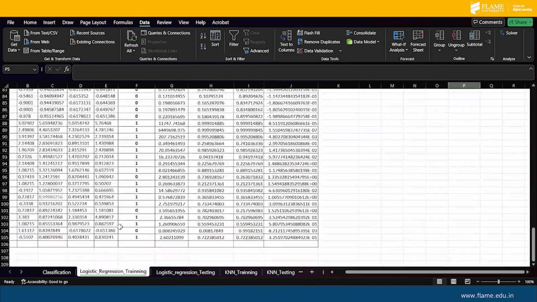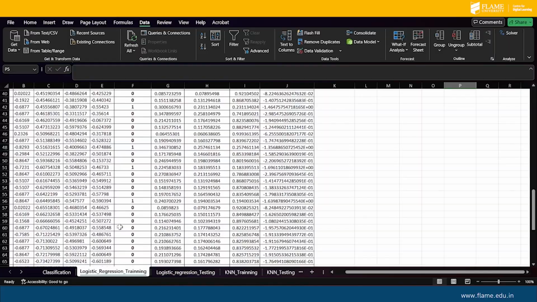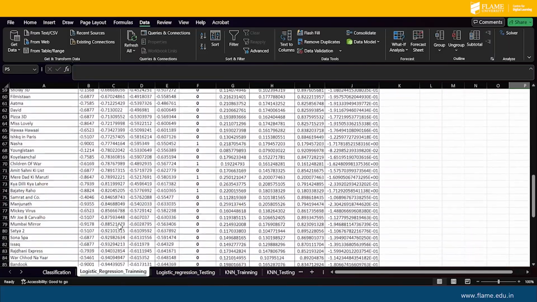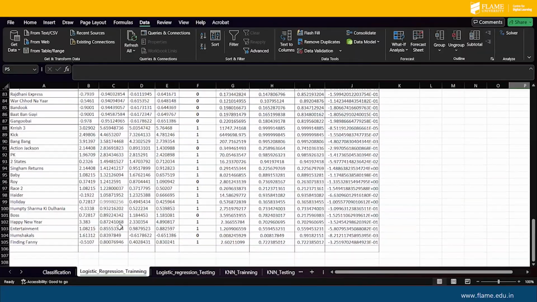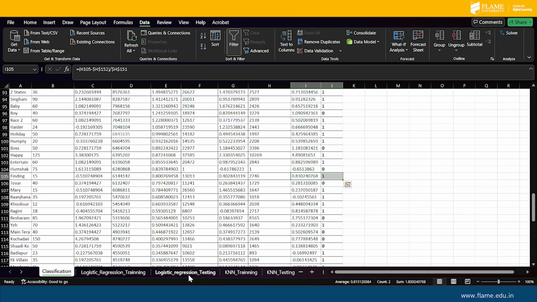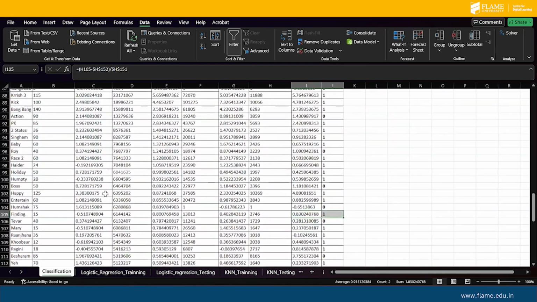So, till 105 we have considered as our training data set. So, remaining data now we will be bringing for testing data set. So, same here also we need that data set.